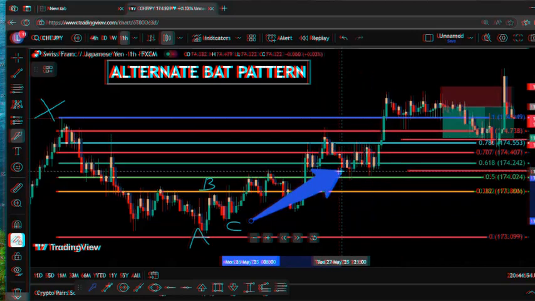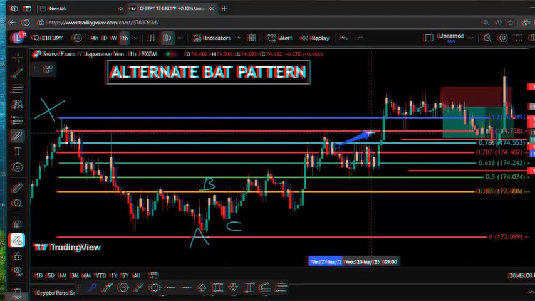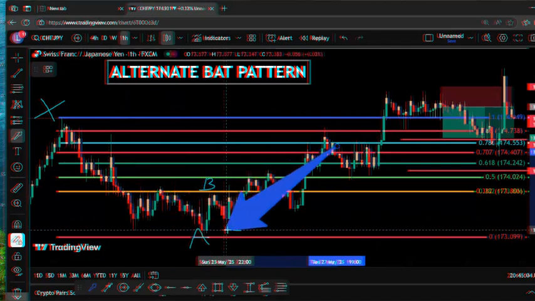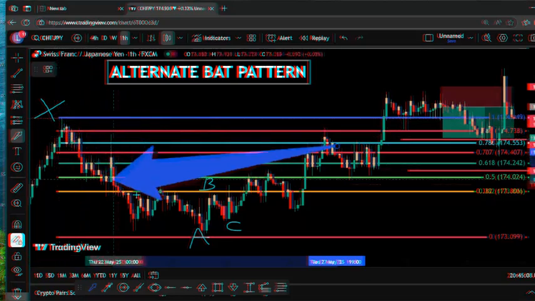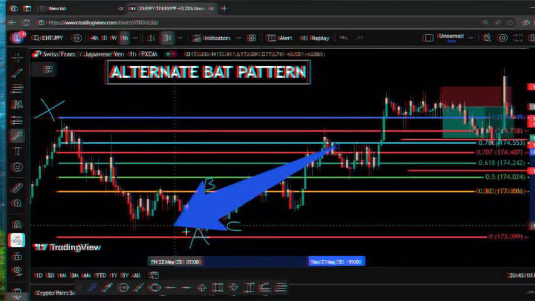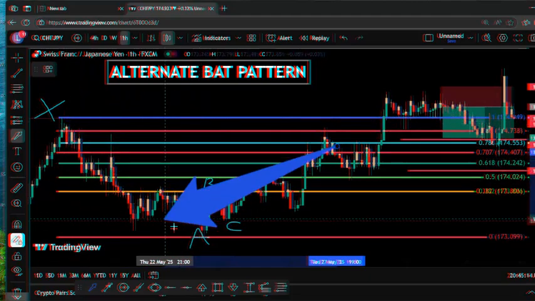So the D leg is between the 886, which is this red line here, and the 1.13 extension of the A to X leg, yeah. So the first impulsive leg, the impulsive leg rather, yeah.